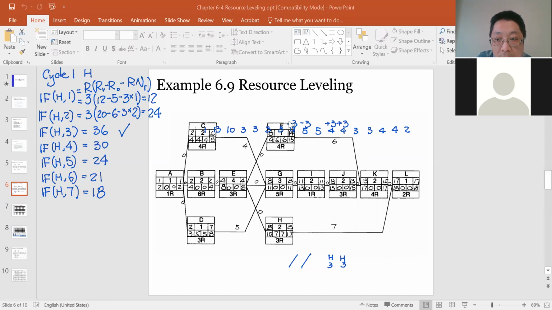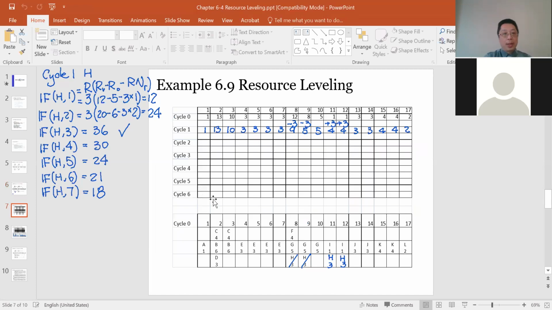This one actually is F. Yeah, F. So, okay, let's go back here because this one has the next largest late finish. Okay, we come up here.